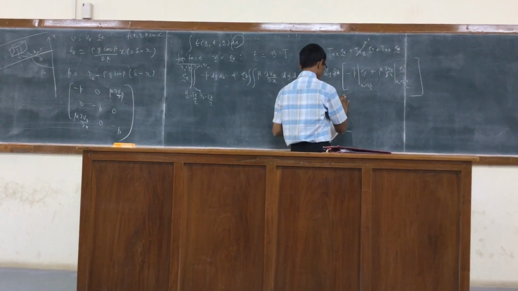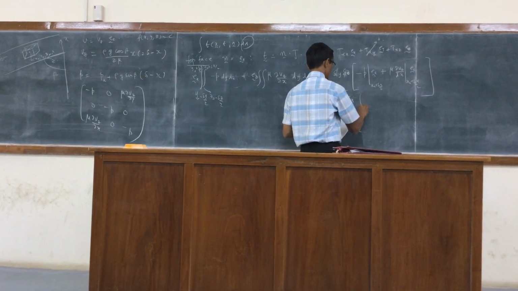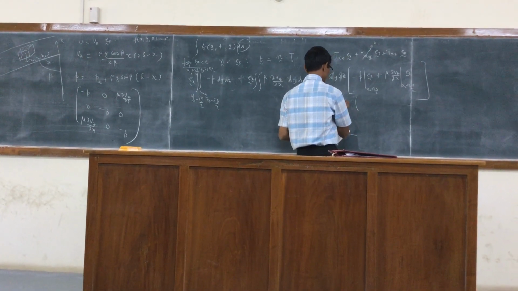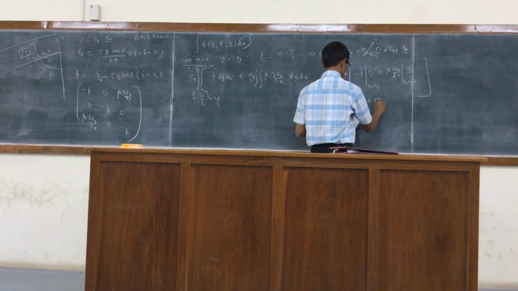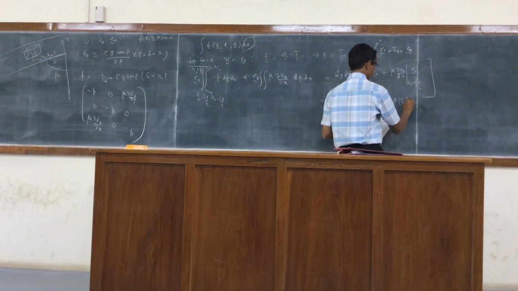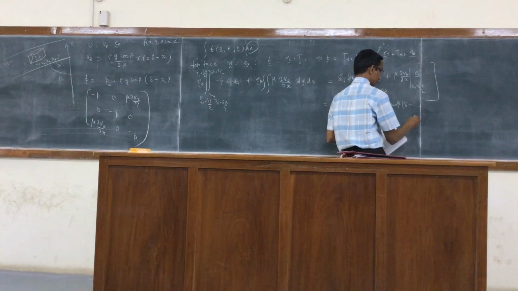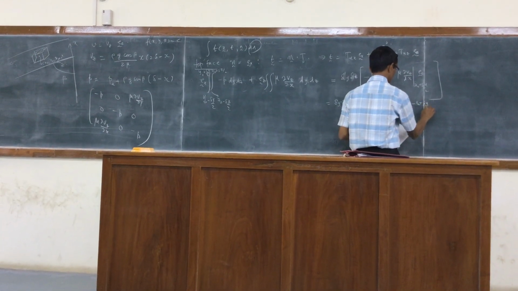So effectively what you will get is, minus, the x component would have a negative p plus rho g sine beta times delta minus x. That x is x0 plus delta x by 2.